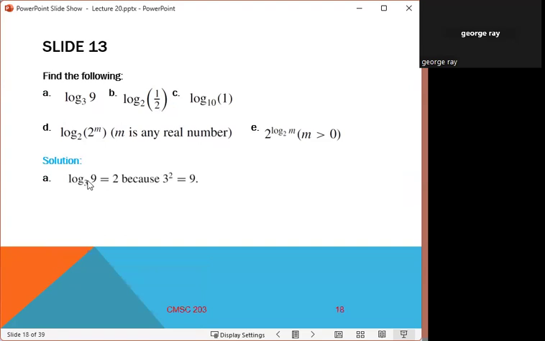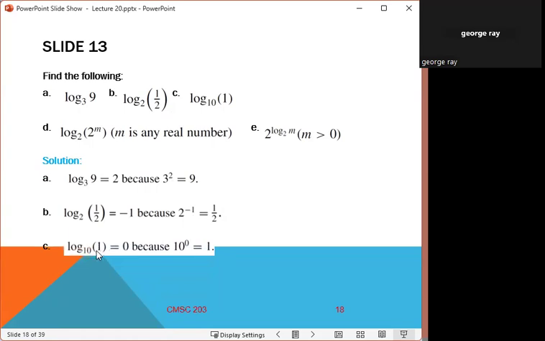Log in base 3 of 9 is 2 because 3 squared, in other words, our base 3 with exponent 2, 3 squared is 9. And then similarly here in base 2, log of 1/2 is equal to -1 because 2 to the -1 is equal to 1/2. And then in base 10, log of 1 is equal to 0 because 10 raised to the 0 is equal to 1.